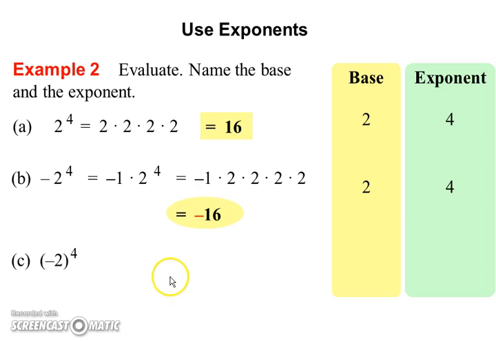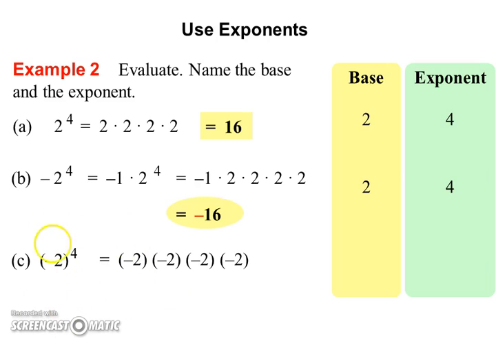Now let's compare that to this example, which is the same as before. I hope you see similarities in all three. The difference here is the -2 is now in parentheses. So what that means is we are raising -2 to the 4th power, rather than having a negative and then raising 2 to the 4th. So these parentheses make a difference when we go to evaluate the expression.